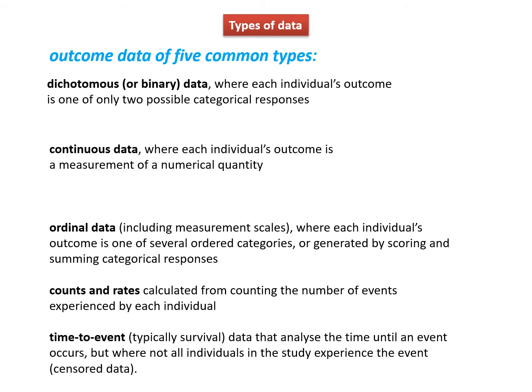Ordinal data, including measurement scales, where each individual's outcome is one of several ordered categories or generated by scoring and summing categorical responses. Counts and rates, this is calculated from counting the number of events experienced by each individual. Time to event, typically survival, this is data that analyzes the time until an event occurs, but when not all individuals in the study experience the event, or censored data.